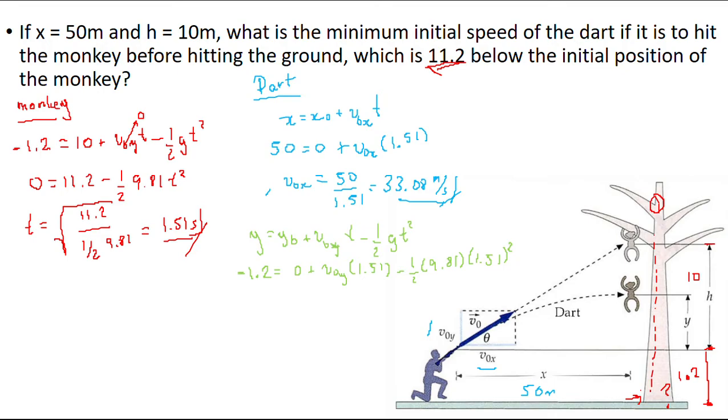Let me do the math, and let me write it over here so I can have space. Here we will do minus 1.2 plus a half of 9.81 times 1.51 squared, all over 1.51.